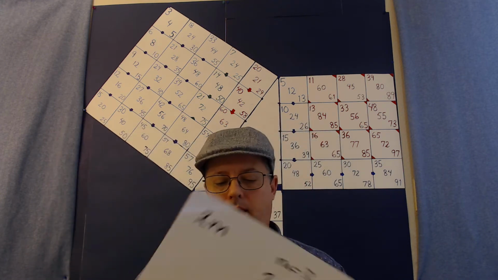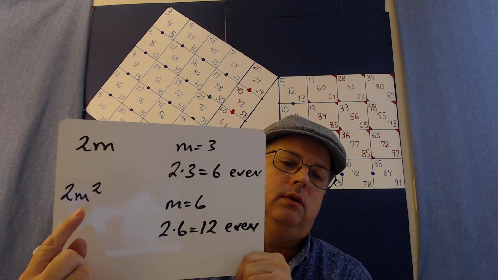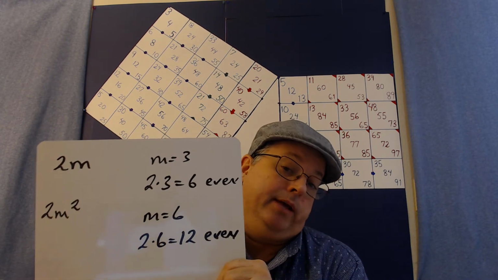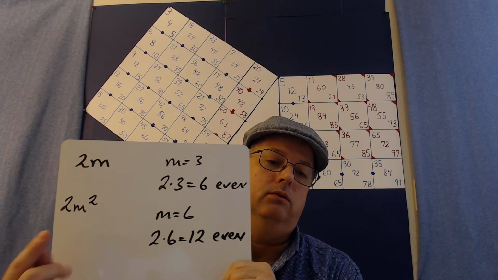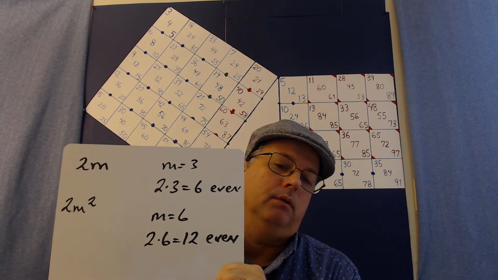And so the 2m squared is of the same nature. Here's m squared. That's just still an m value, so to speak. It's just a value, and so you're multiplying it by 2, and so you're going to get even numbers. That's always going to work.